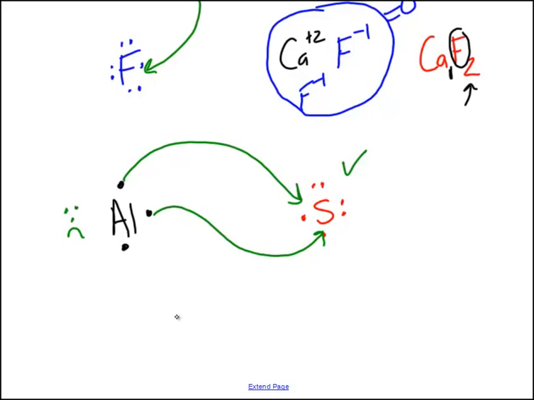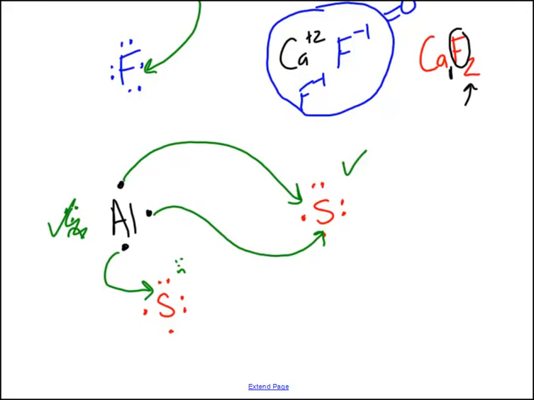So we can fix that, hopefully, by throwing in another sulfur. So here's another sulfur. And there's that 1 electron that goes down, but now aluminum is happy, but sulfur down here is not so happy. So again, we have to fix it. We can't leave it.